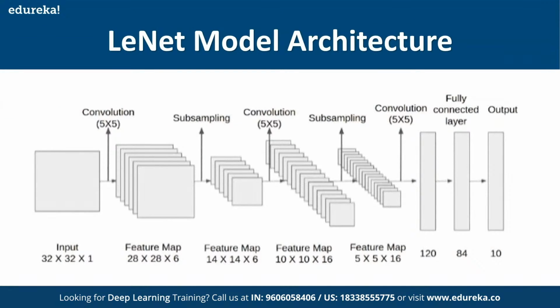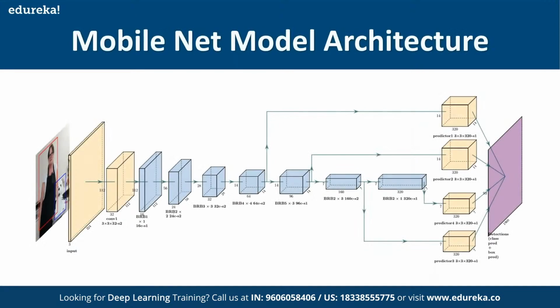One such model architecture is the LeNet architecture, where I have a series of convolution layers, and it gets an input of shape 32 by 32. Another well-known architecture is the MobileNet model architecture. We've got ResNet, InceptionNet, and multiple other architectures available. You can check out the official TensorFlow page to know the various pre-trained models and how you can work with them.